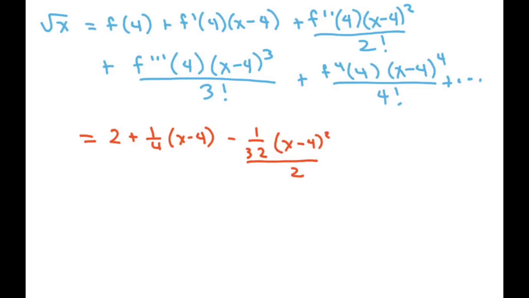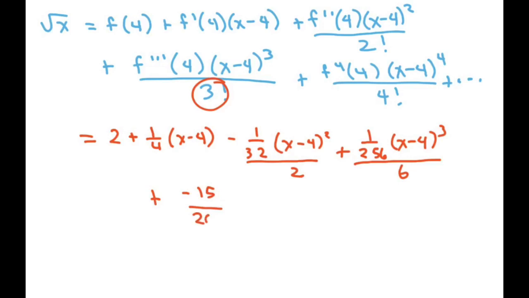I'm just substituting, plus 1 over 256 times x minus 4 cubed. And this is going to be over 6 because this is 3 factorial. All right, 1, 2, 3, 4. We need one more. Plus a negative 15 over 2048 times x minus 4 to the 4th all over 24. Now, then you do plus dot dot dot, continues on and so forth.